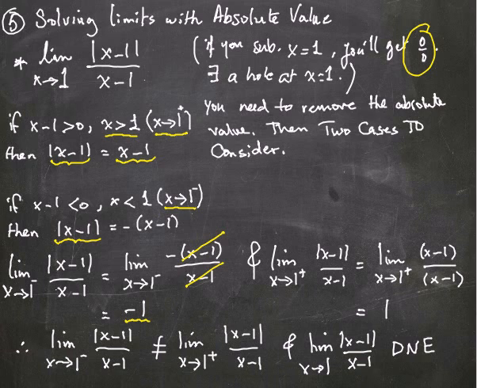But as x approaches 1 plus, the absolute value of x minus 1 yields x minus 1, and when you cancel this out, the final outcome is 1. So the limit as x approaches 1 from the left is not equal to the limit as x approaches 1 from the right. As a result, the limit does not exist as x approaches 1.